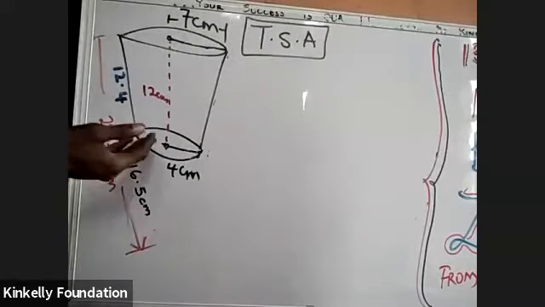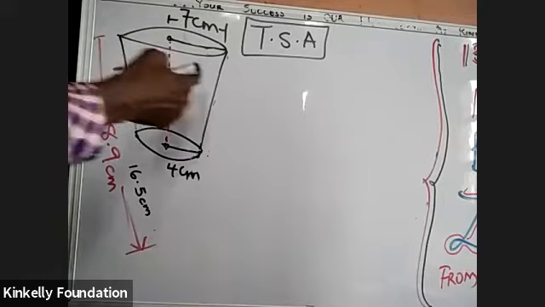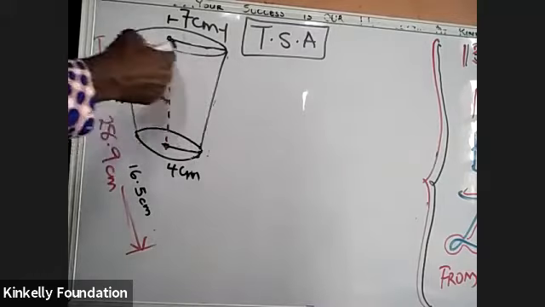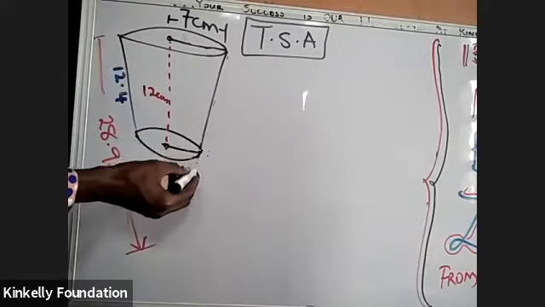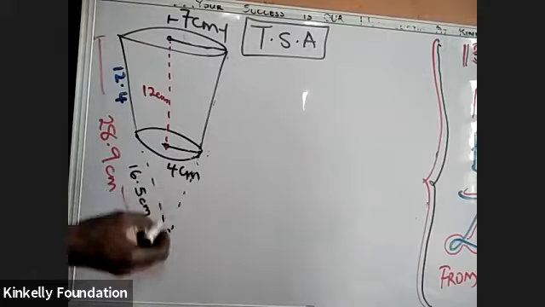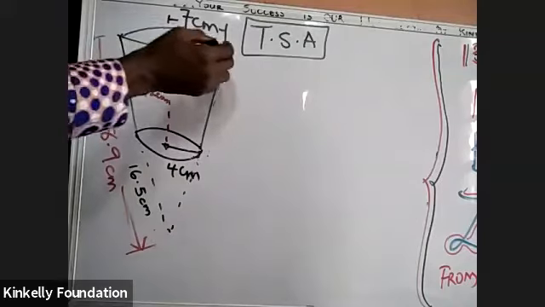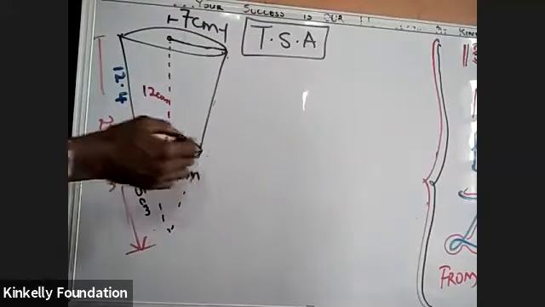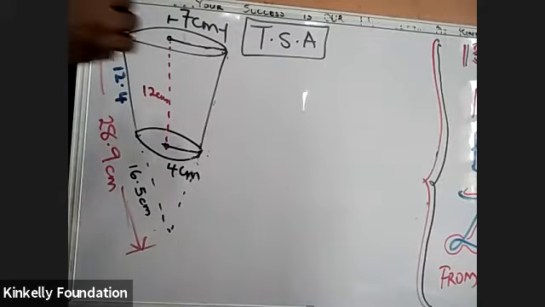Now, for you to find the TSA of this shape, we have the curved surface area of this minus the curved surface area of this, plus the second base of this one plus the circular base of this other part. Do you understand? What we mean is this.